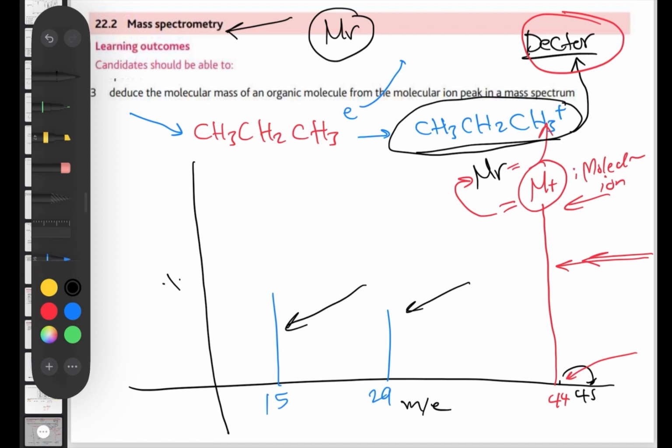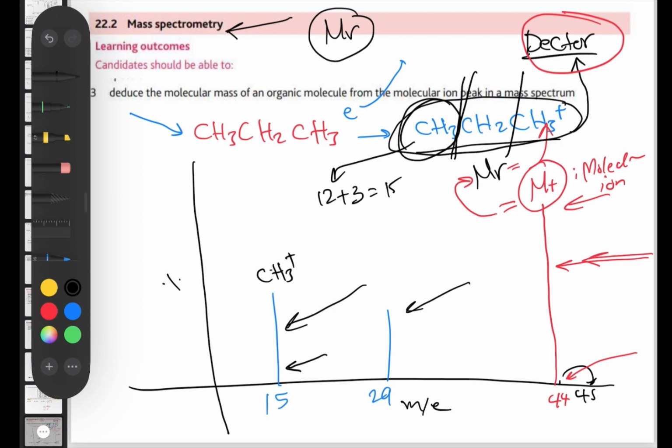It will start to be broken from here or in here. So as a result of breaking from this side, from the first part, the methyl, let's calculate the MR of methyl. You have carbon 12 plus 3 hydrogens equals 15. And you notice that this peak represents the fragment of CH3 positive.